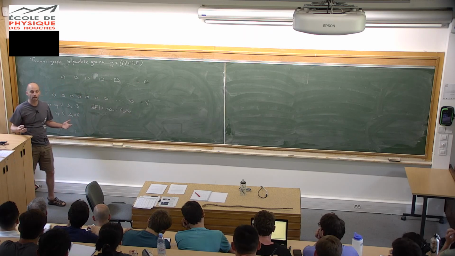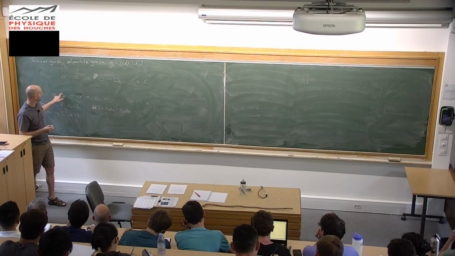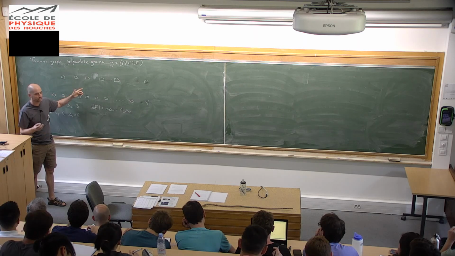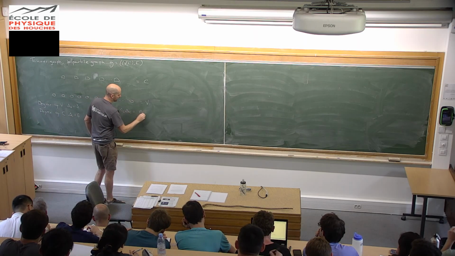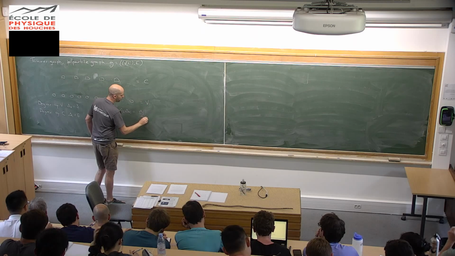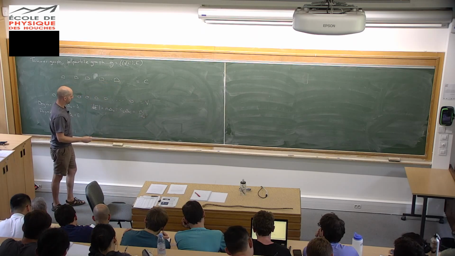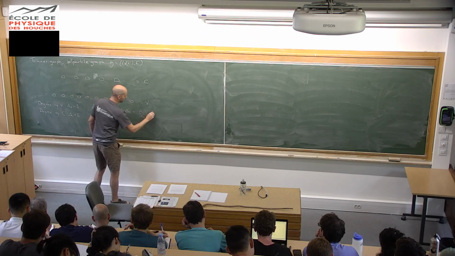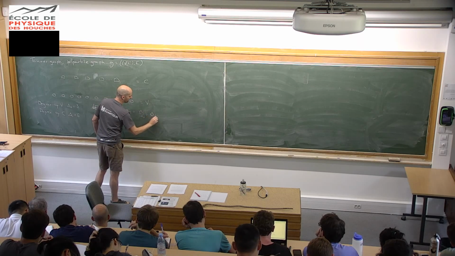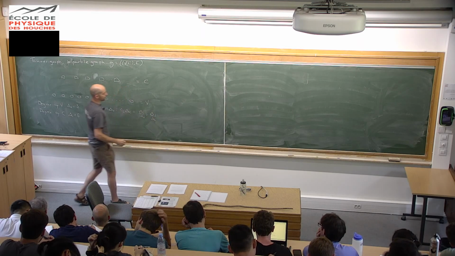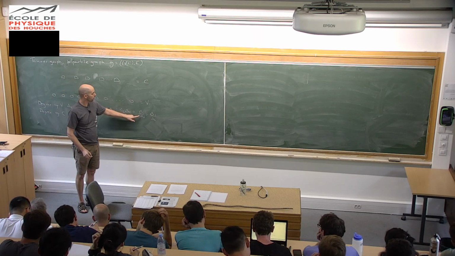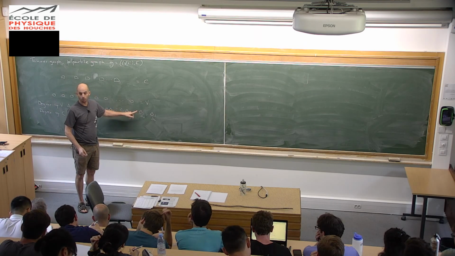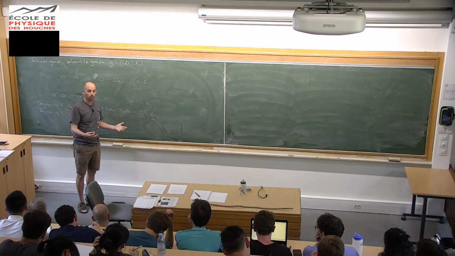It's just two ways of counting the number of edges. Either you count them down here or you count them up here. It should be the same. So this tells you that the number of checks divided by the number of variables should be equal to the degree of the variable divided by the degree of the check. And of course, you want to have more variables than checks. Otherwise, this would be an over-constrained code.